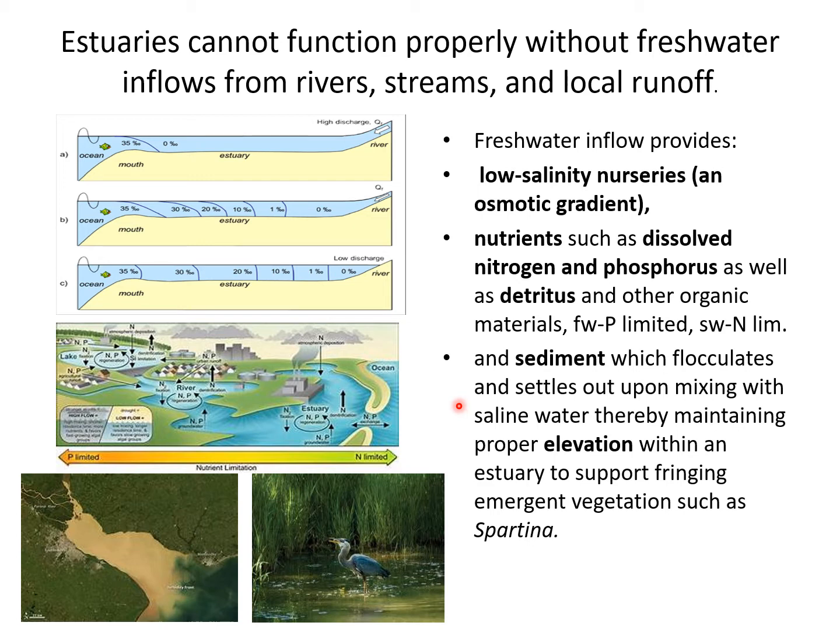A certain amount of sediment coming into the estuary is a good thing because when that sediment-laden freshwater mixes with salt water, the clay particles will flocculate and settle out and form either little deltas, or they will add to the shoreline, raising its elevation a little bit so that you can either maintain or increase the proper elevation for this emergent vegetation that you see right here, such as Spartina, which we're going to talk about a little later.